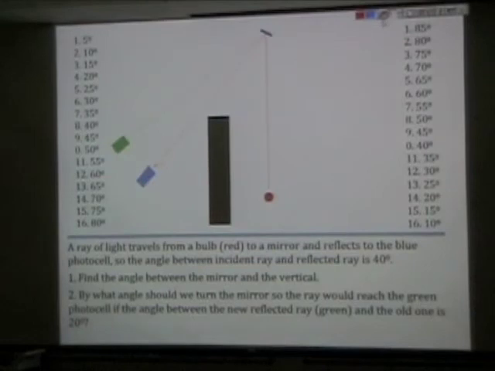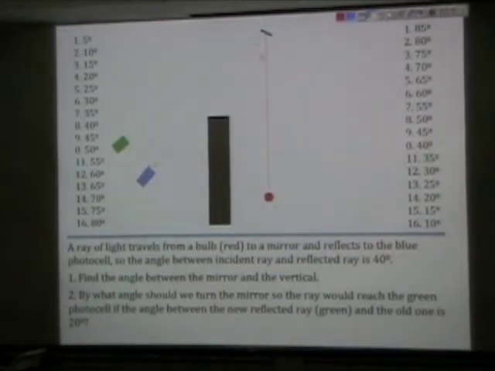And the second question. If you want to hit the second photocell, you have to turn the mirror. Turn the mirror, yeah? So by what angle do we need to turn the mirror? Well, let's just do it together.